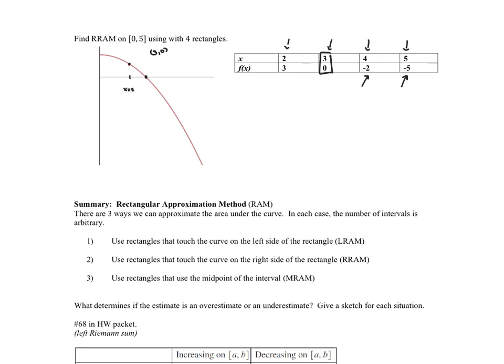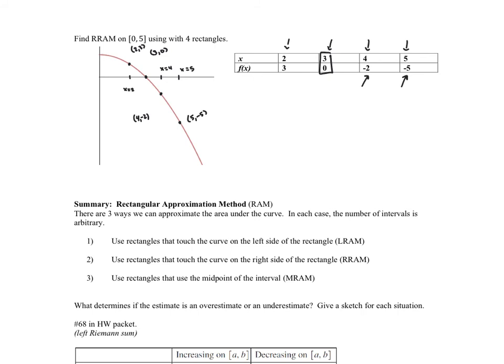So this could be the point 2, 3. Again, proportionally speaking, we'll go over 1 unit. This would be x equals 4. So this point here should be the point 4, -2. And then one more point. Here's x equals 5. And this point would be the point 5, -5.